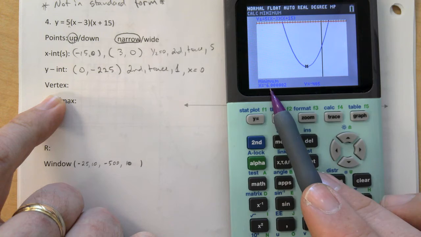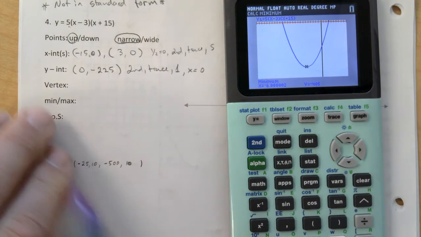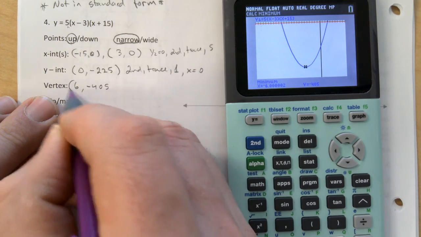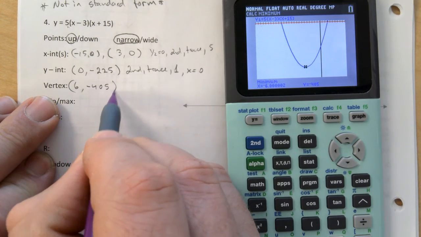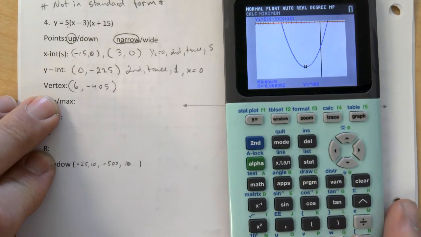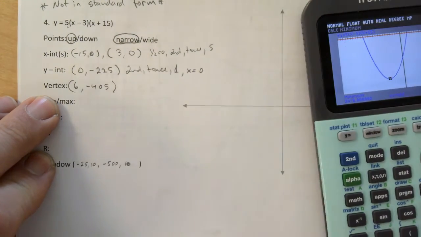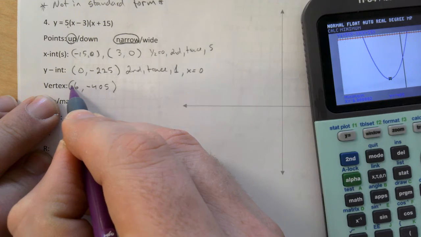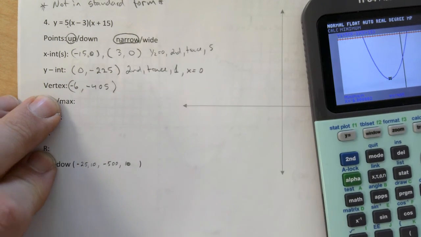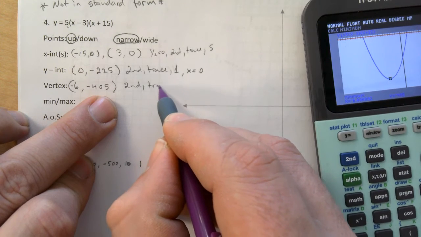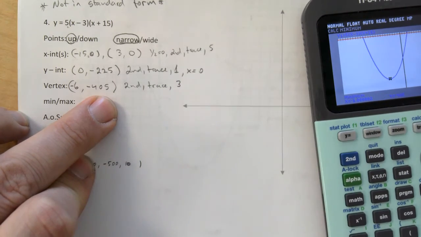And it's 6, negative 405. Sorry, it's negative 6, right? Yeah, sorry. It's negative 6. Negative 405. And that is second trace 3, right, for minimum.